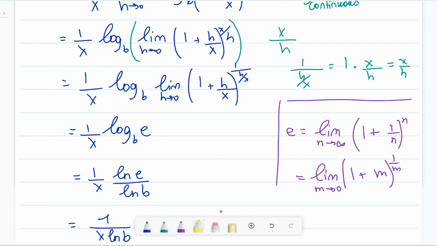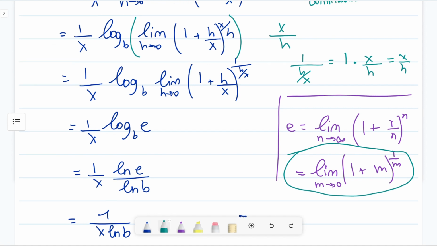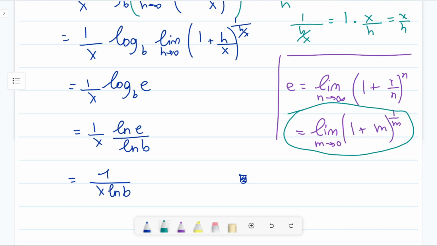And we can notice that this second one here is what we have. So we have the limit as h approaches 0 of 1 plus h divided by x all to the power of 1 divided by h divided by x. Therefore, we will continue and we will write this as e. So now we have 1 divided by x times log base b of e.